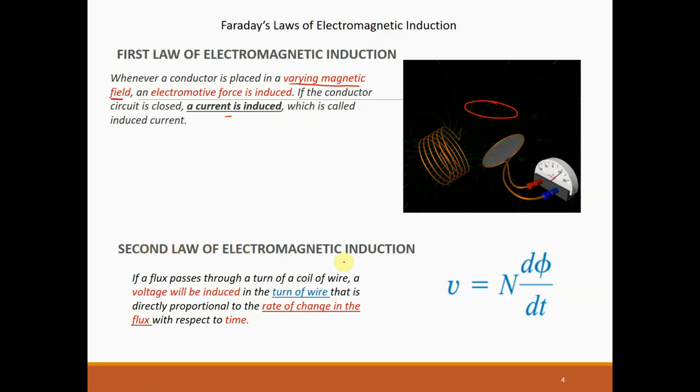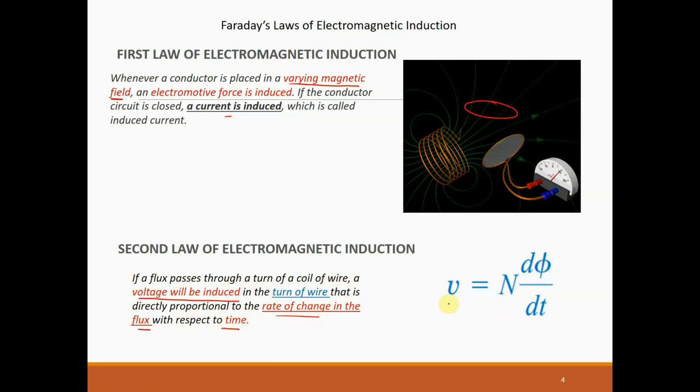The second law of electromagnetic induction says that if a flux passes through a turn of coil of wire, a voltage will be induced in the turn of wire that is proportional to the rate of change in the flux with respect to time.